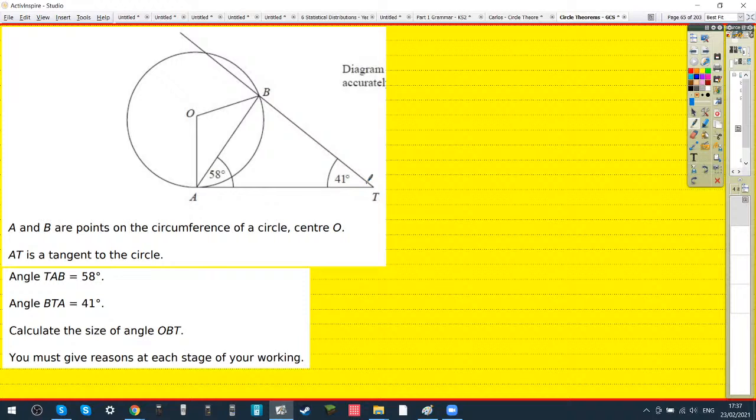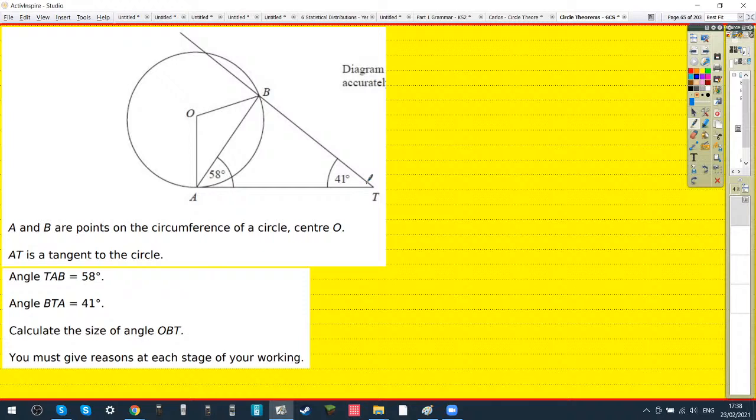Okay. A, B, O, B, T. Okay. So T is 140. So I need to find out OBT.